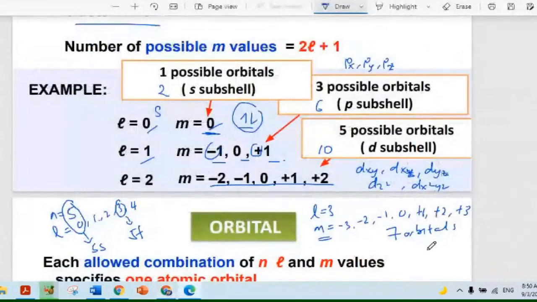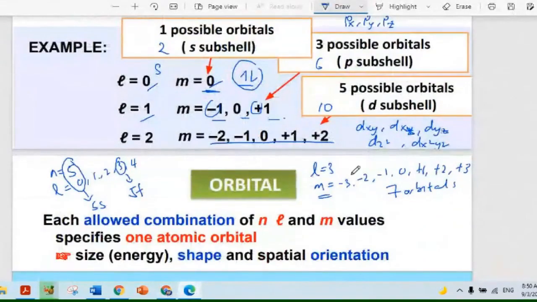Yes, Harry Young, madam. Okay, if there are 7 orbitals, how many electrons can be placed in these 7 orbitals?